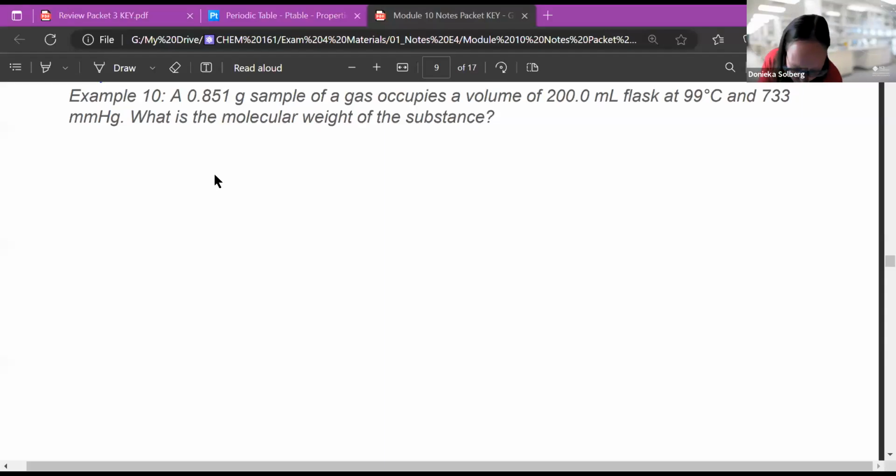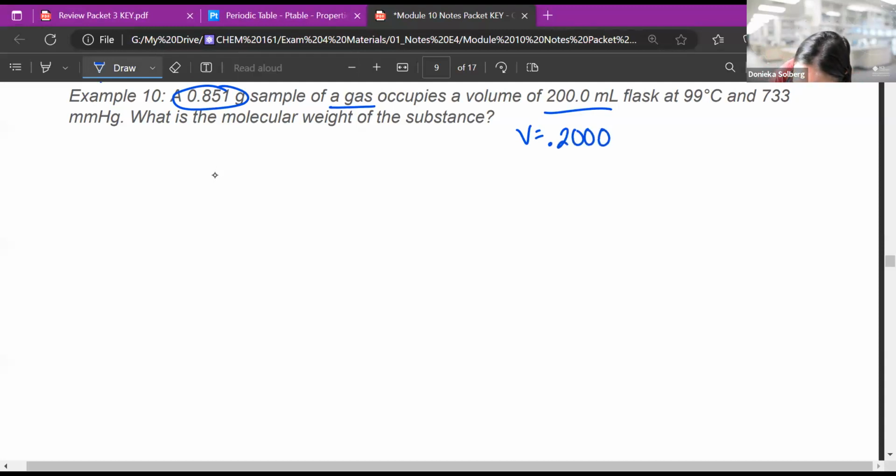Okay, so reading through this question, I've got a mass of a gas. I don't know what it is, so I don't know what the molar mass is. It occupies a volume of this. So V is, I'm going to go ahead and put that into liters, 0.2000 liters at 99 degrees Celsius.